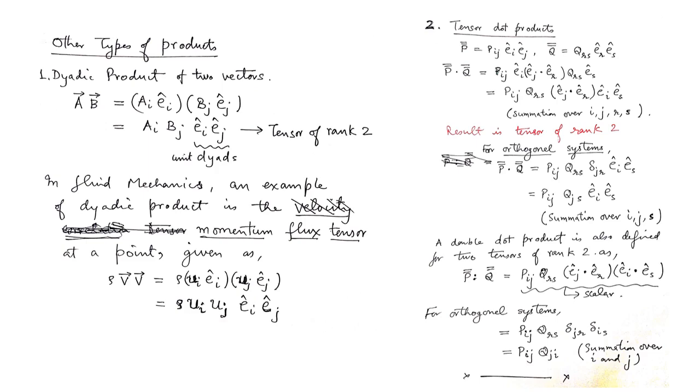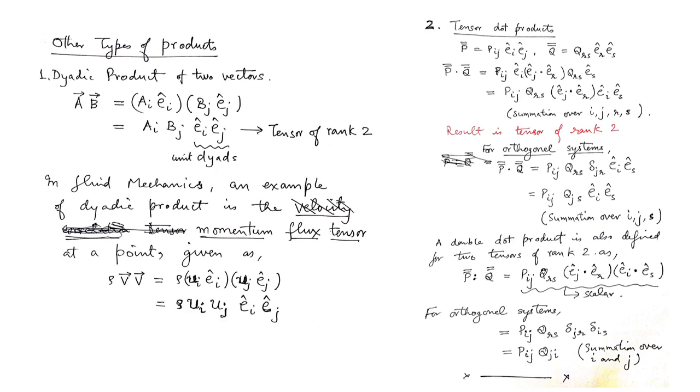That's why it's written as Pij ei ej dot er Qrs es, and then Pij Qrs, being scalar real numbers, are just taken together. And ei es, remember ei is always to be written towards the left of es, otherwise the meaning changes.